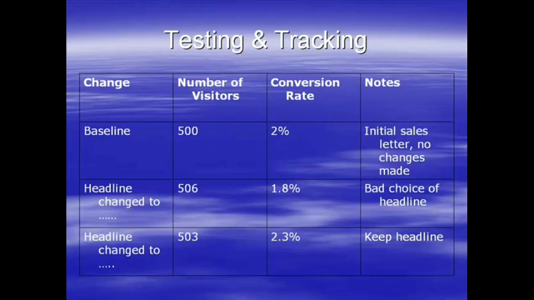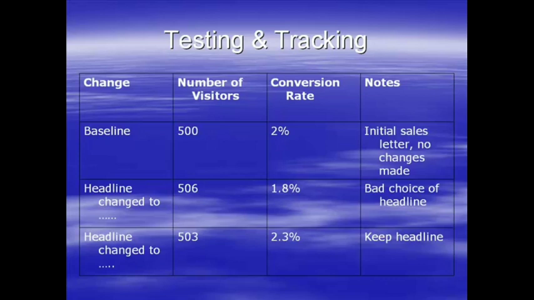And what I'll do then is test something else, test a subheadline, test a PS, and so forth. You just keep track of this, and you may eventually see, well, if I changed that headline and the conversion rate went up, and I changed PSs and the conversion rate went up, let's put those together.